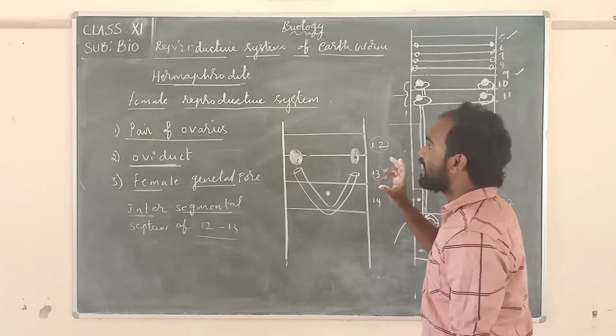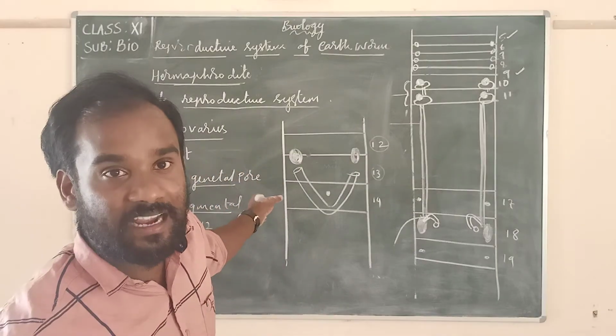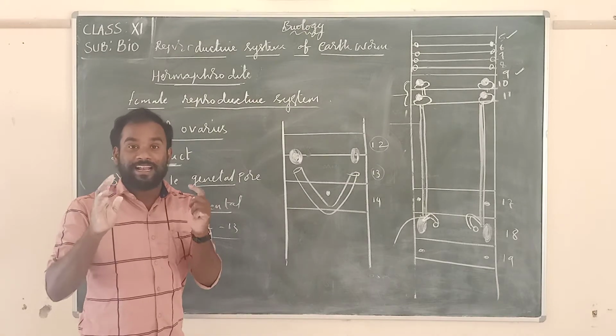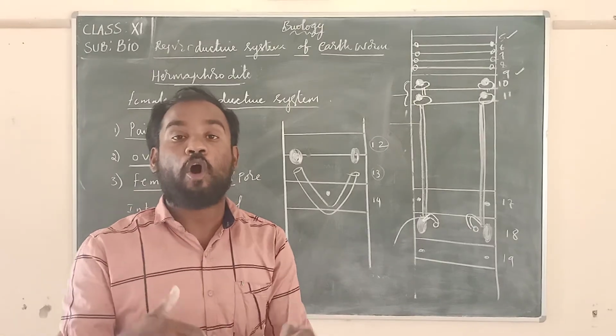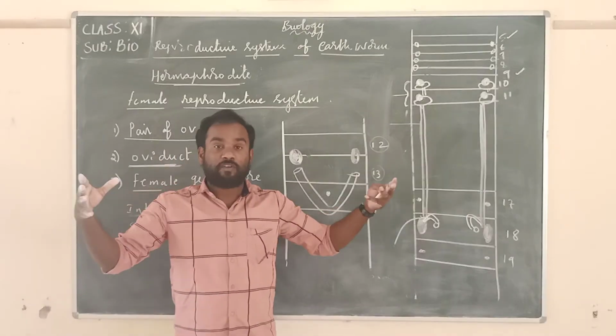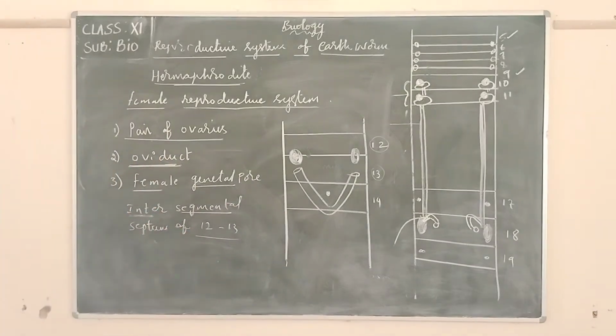So we studied regarding the male reproductive system of the earthworm, and we studied regarding the female reproductive system of the earthworm. Now let us see how copulation takes place in earthworm. That is, how the sexual act takes place in the earthworm.